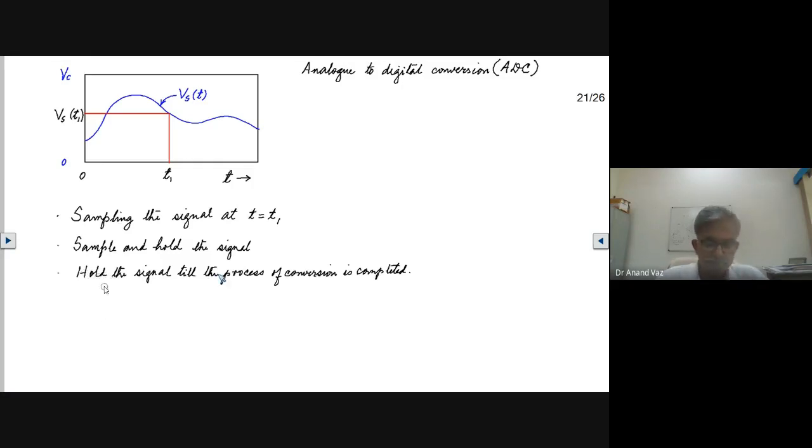Now comes the stage where you're holding the signal, but you now have to represent the signal. Now you have to digitize it. So what is the digital representation of the signal? The digital representation of the sampled signal.